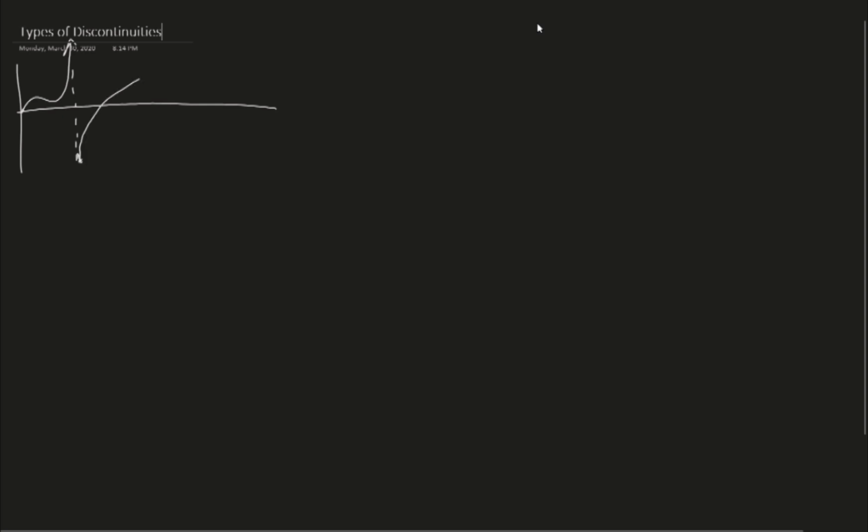So something like this. That is an asymptote, a vertical asymptote specifically, that's going to cause a discontinuity, because notice that the left side never makes contact with the right side. So there's this big jump in values from positive infinity straight down to negative infinity almost immediately. Well, immediately, frankly. And so that's going to cause a discontinuity.